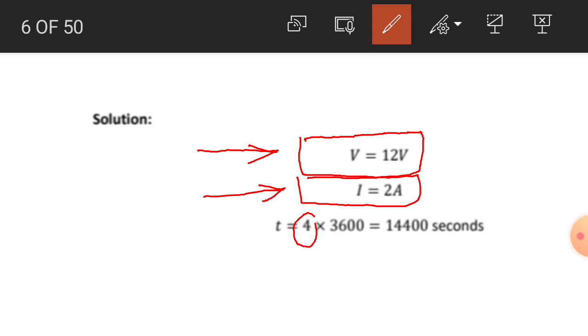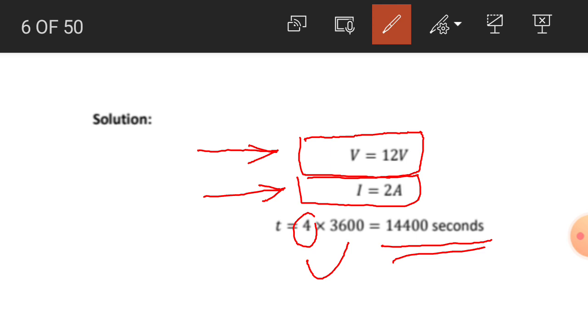So let us convert this time into seconds. We multiply this 4 by 3600 and we get 14,400 seconds.